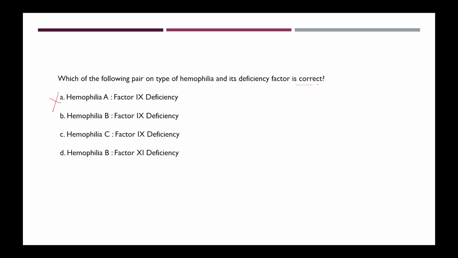It is asking which one is correct, so A is wrong. What about B, factor 9 deficiency? Yeah, B is correct. C, which factor? Obviously both are wrong. But can you tell me, for hemophilia A, which factor deficiency it will be if not 9? 8. Yeah. B, we know is 9. Hemophilia C will be which one? 11. It's 11.